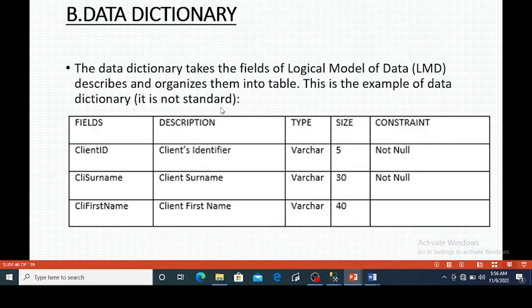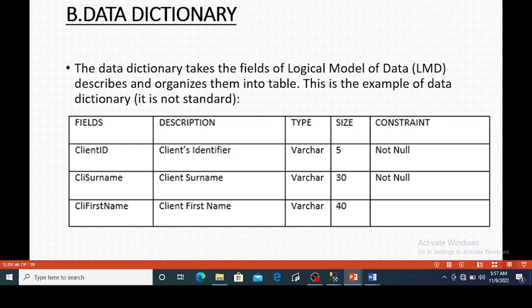So let's look at this example. You take the fields of the logical model of data. This is a field. It means we had the table called client, where we had client ID. The client ID is the identifier, or the primary key. It has the type, which is a variable character, the size 5, then the constraint.